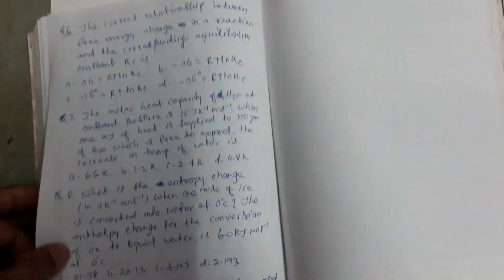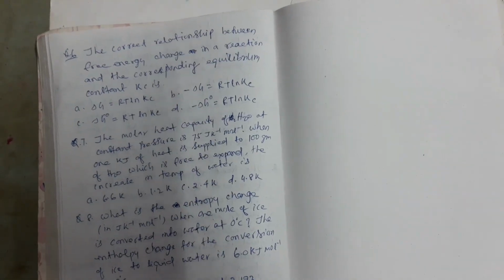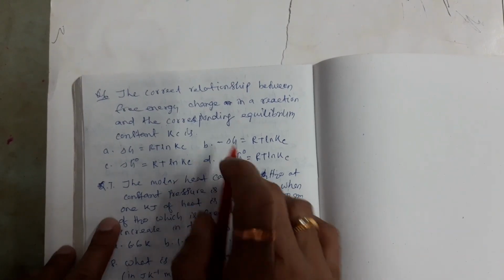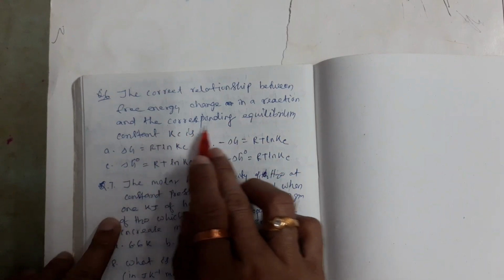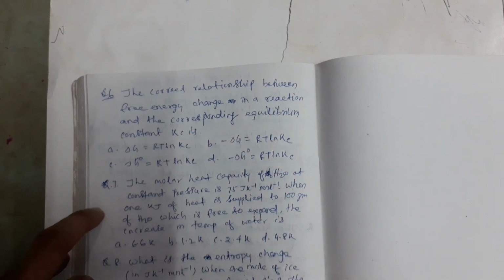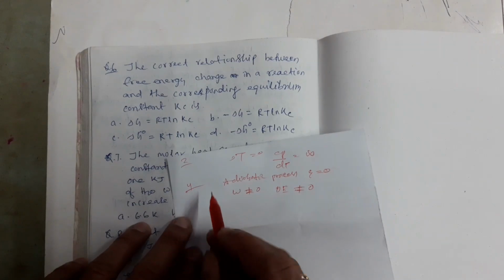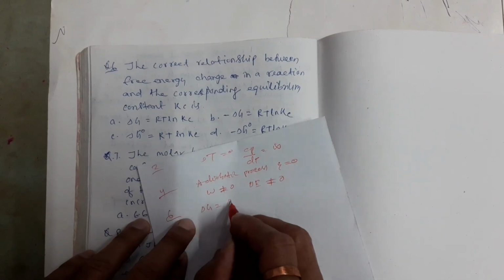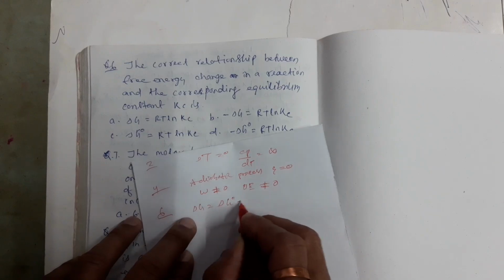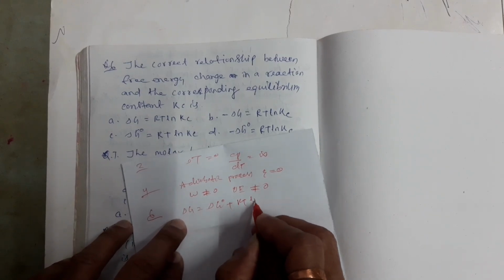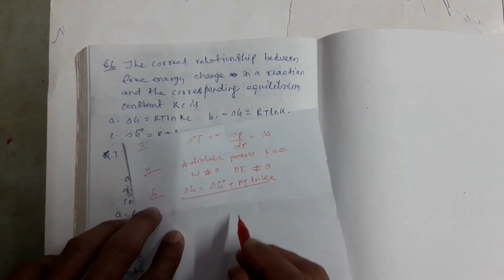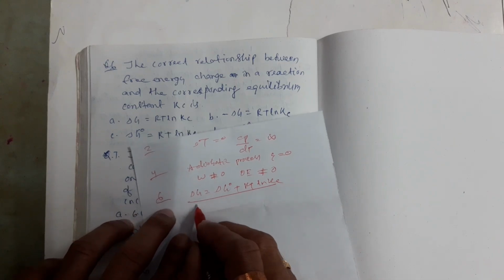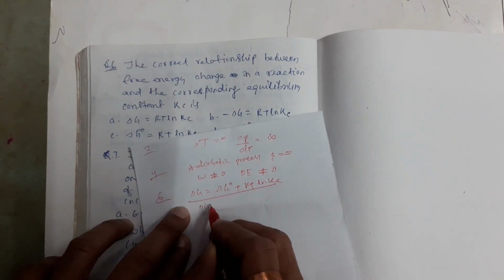Next question, question number 6: the correct relationship between the free energy change in a reaction and the corresponding equilibrium constant is what? We know ΔG is equal to ΔG0 plus RT ln Kc. This is the relation. But here, as it is the equilibrium state, ΔG is 0.